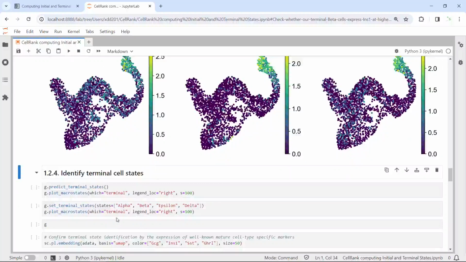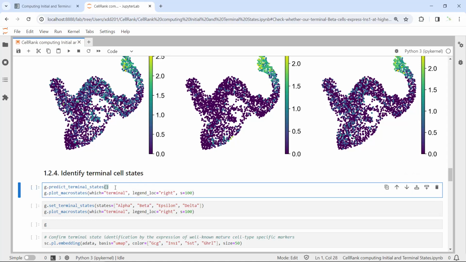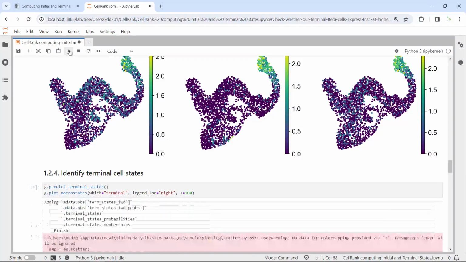If we run the code, letting the CellRank package automatically detect the cell states, we only identify 3 terminal cell states. Let's run. You can see on the figure, we only identified the epsilon, alpha, and beta cells as the terminal state cells. We don't have the delta cells.